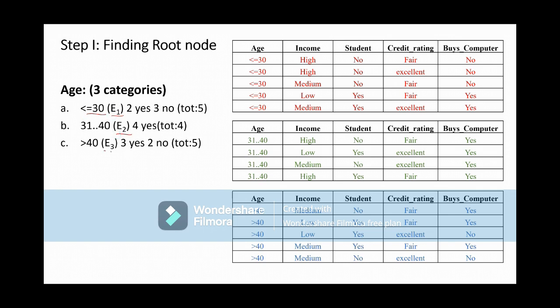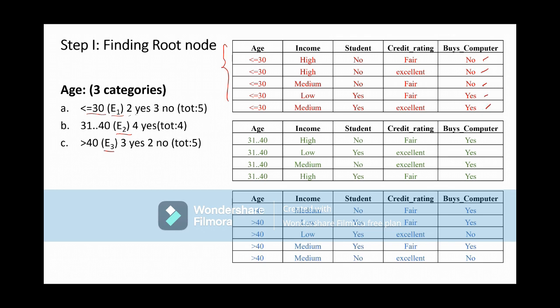For less than or equal to 30, I'm taking the entropy as E1. For 31 to 40, the entropy is E2. And for greater than 40, the entropy is E3. There are 5 rows for less than or equal to 30, 4 rows for 31 to 40, and 5 rows for greater than 40.